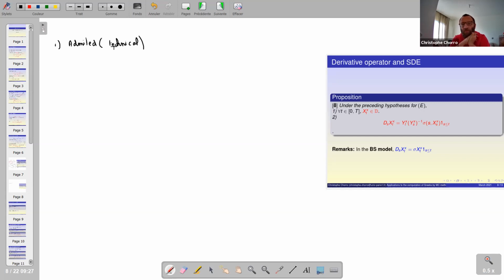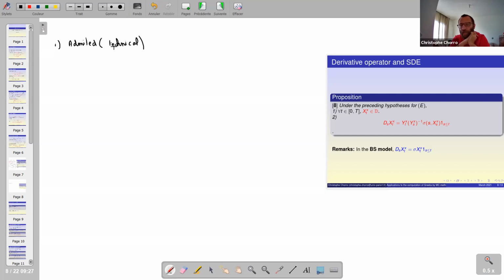Another way to do it is to use, as an approximation of my solution of capital E, the classical Euler scheme. That is just an extension to the stochastic case of the solution of an ordinary differential equation.